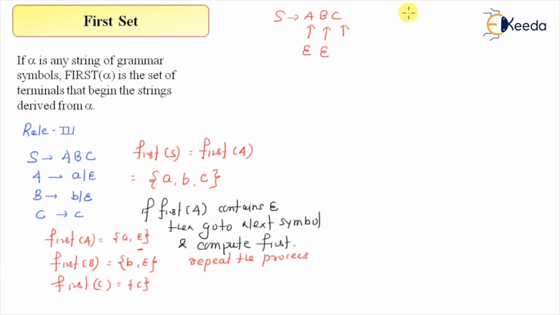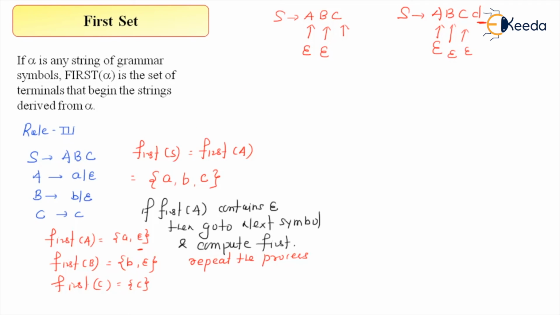Do not get confused. Suppose S derives A, B, C, and A derives epsilon, so we go to B; B derives epsilon, then we go to C; and after C suppose there is a D, and C also derives epsilon, then I will also include this D in the first of capital S. So I hope I am clear that if S derives a non-terminal that contains epsilon, then go to the next symbol.